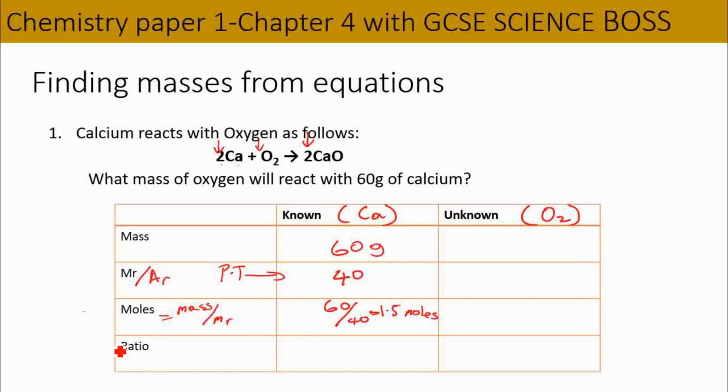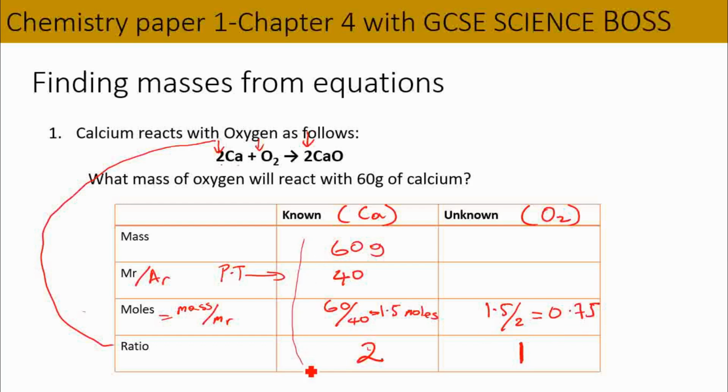I get the ratio from the equation shown there. For every 2 moles of calcium I have, it will react with 1 mole of oxygen. So if I have 1.5 moles, it's going to be 1.5 divided by 2, which gives me 0.75. Notice how this is working. We're working all the way going back here, which will give me my answer there.